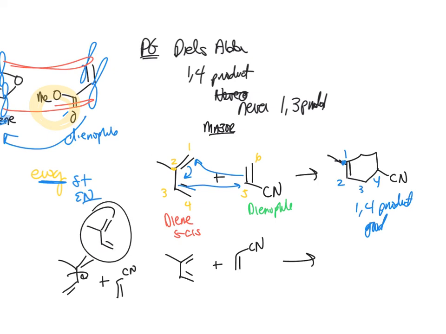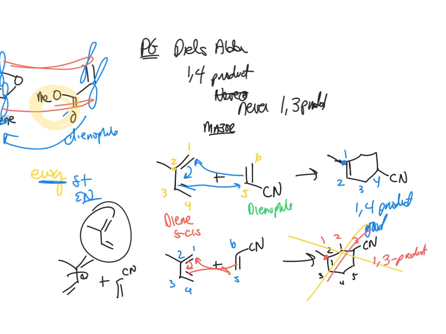If you do this here and say 1, 2, 3, 4, 5, 6, those electrons go here, these electrons go here, and then you draw your product like this, 1, 2, 3, 4, 5, 6. Now I'm going to tell you that doesn't happen, because if this is a 1, then you go counterclockwise, 2, 3. This is a 1,3 product. And 1,3 products don't happen.